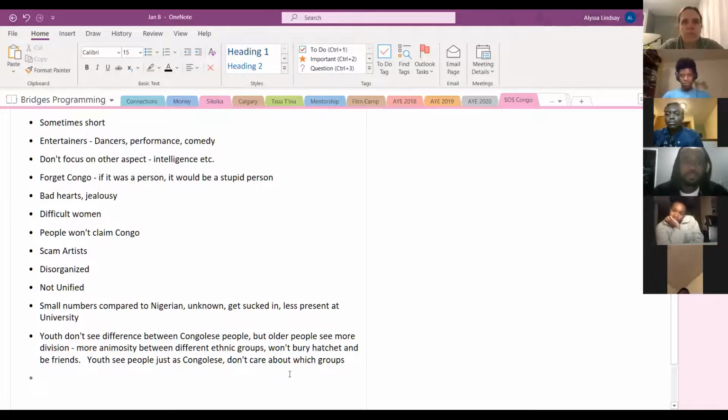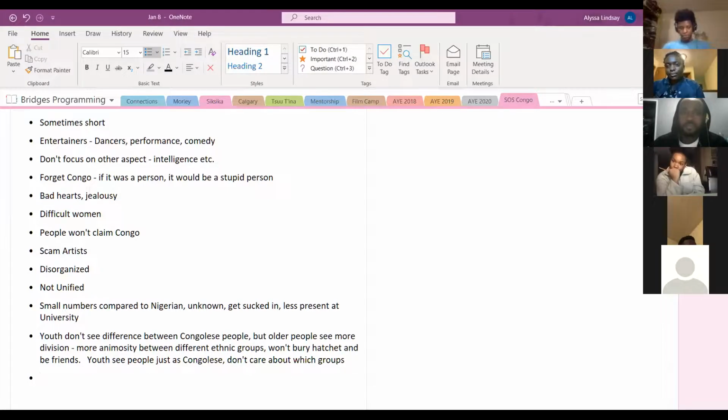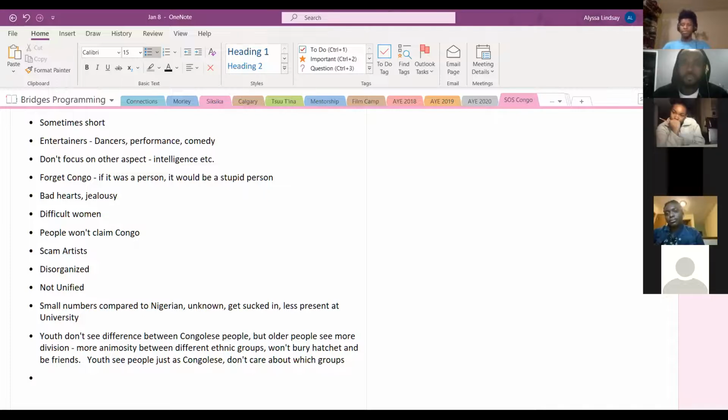Do you have something to add? Yeah, what she said is really like that. We don't really choose groups anymore. I feel like the youth in the diaspora don't really know things about Congo, Swahili. We don't really pay attention to that.